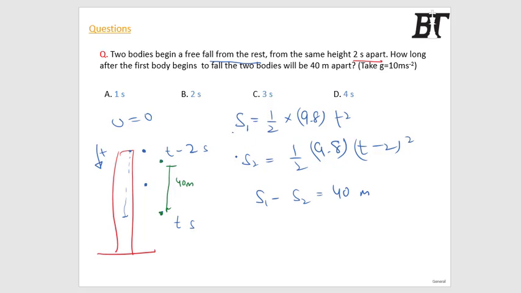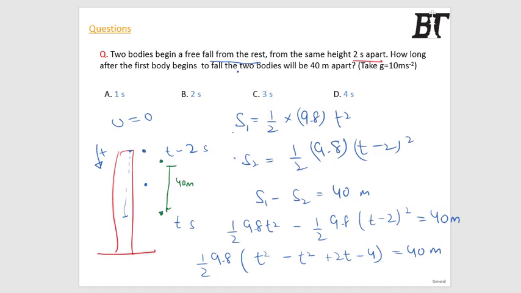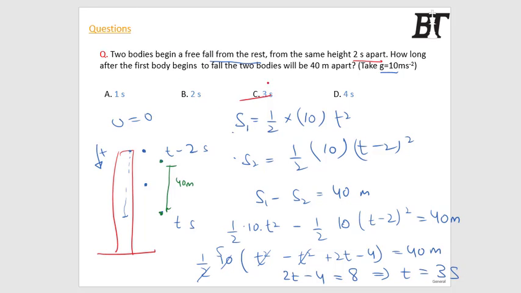Substituting the values of S1 and S2 into this third equation and solving, guys, in the question g is given as 10, so I will put all my values of g as 10. Further solving this, I get the time as 3 seconds. Hence, this is the answer.